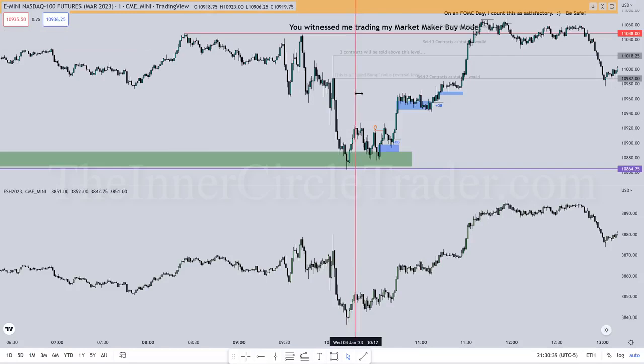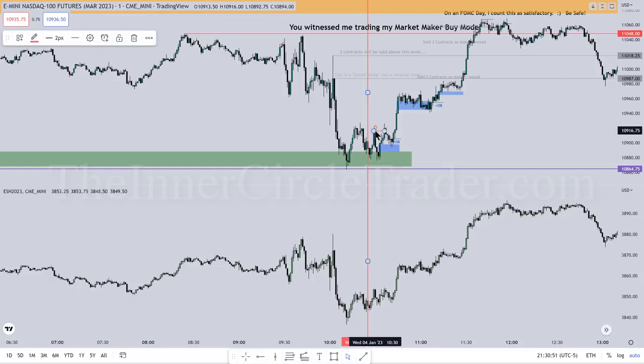So keep marching forward, and right there, we can see that this high and this high, NASDAQ is lower, but ES is higher. Doesn't mean anything yet. Watch what happens. We have now this short-term high that's been taken out by this high.